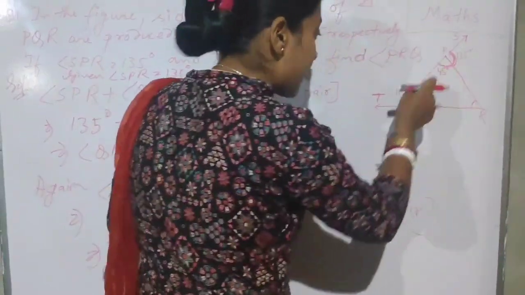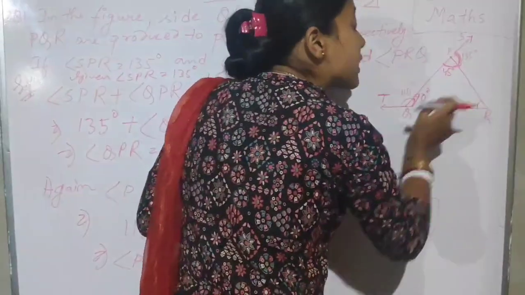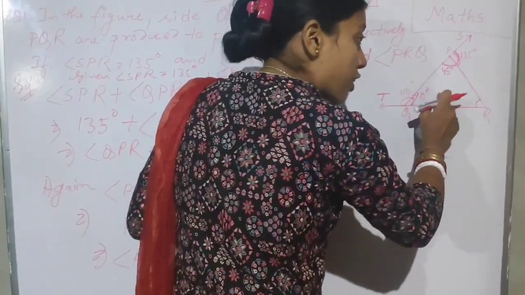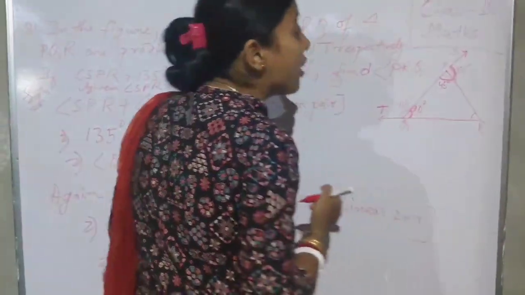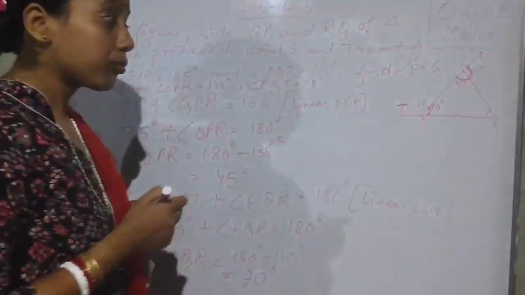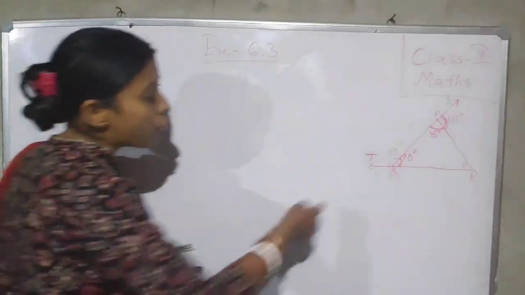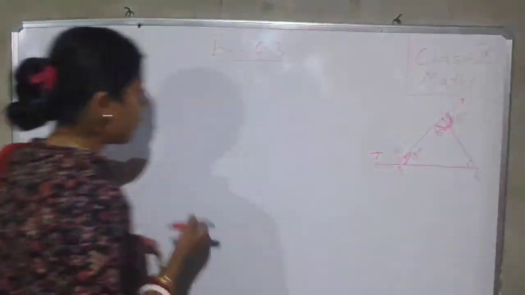Now we have got this angle also, and we have to find this angle. If we use the angle sum property of a triangle on triangle PQR, then we can easily find angle PRQ.